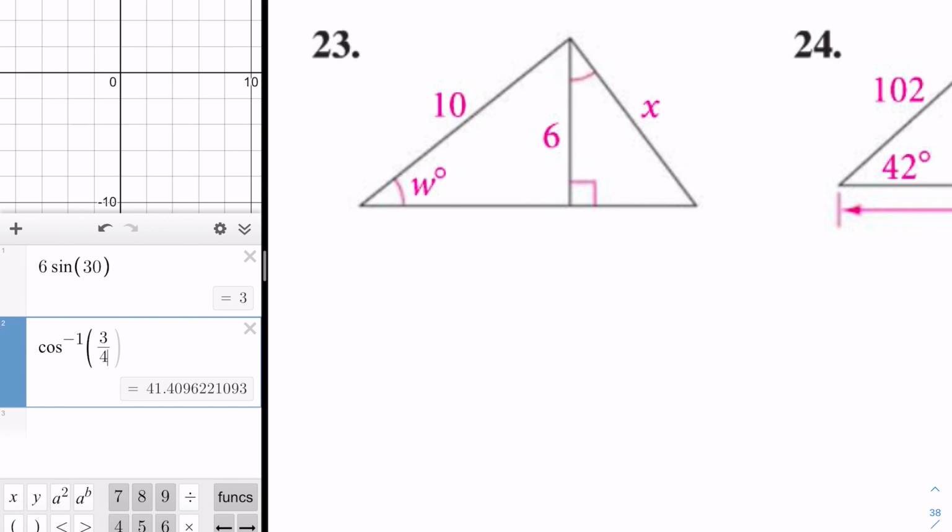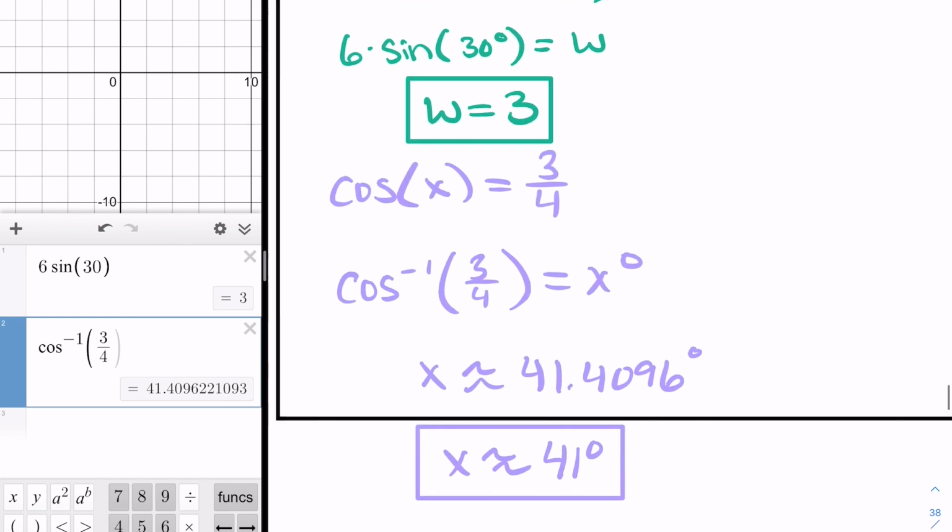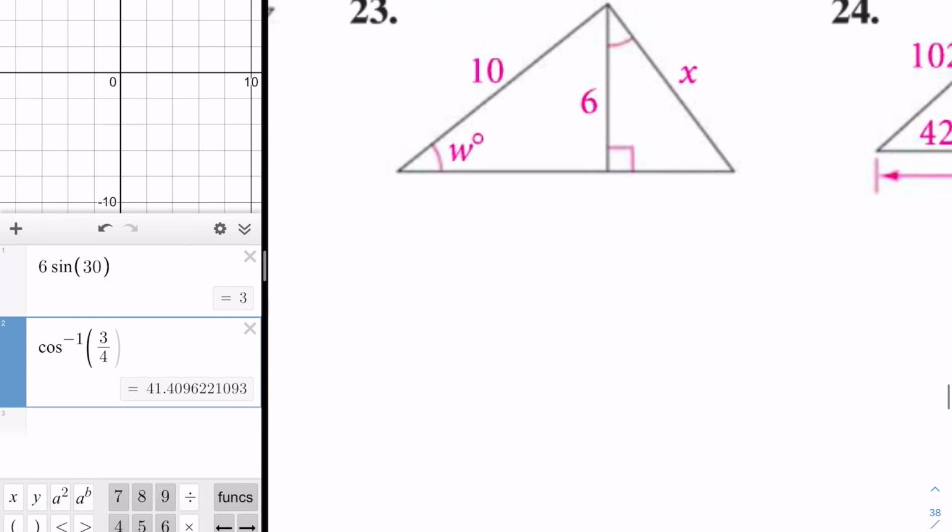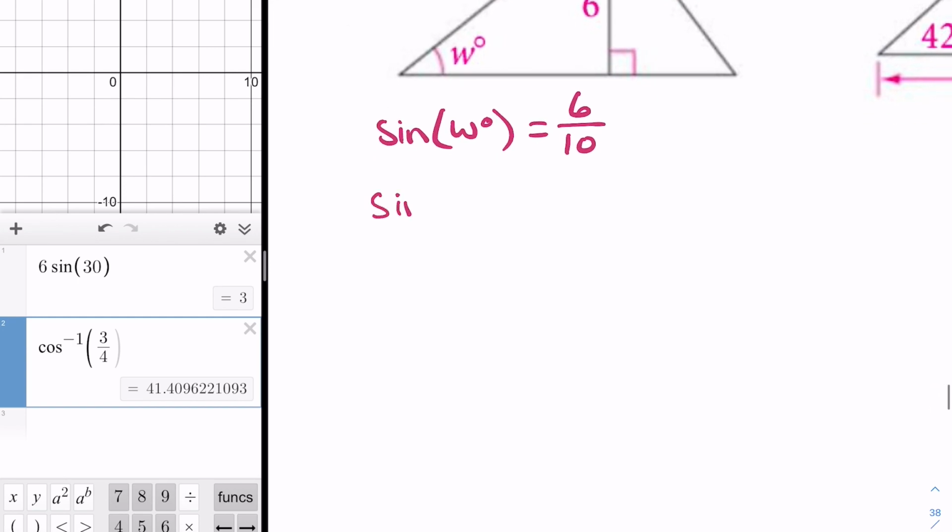So the sine of w degrees is equal to 6 over 10, which is the opposite over the hypotenuse. So sine inverse of 6 over 10 equals w.